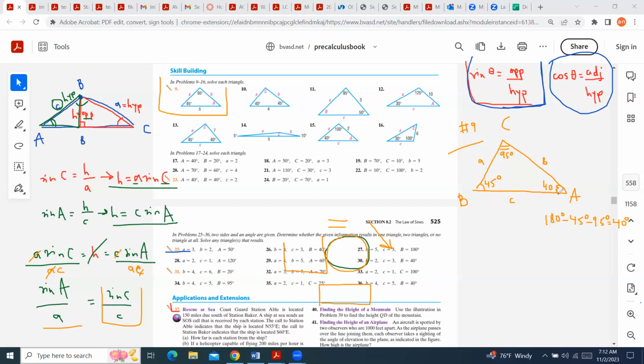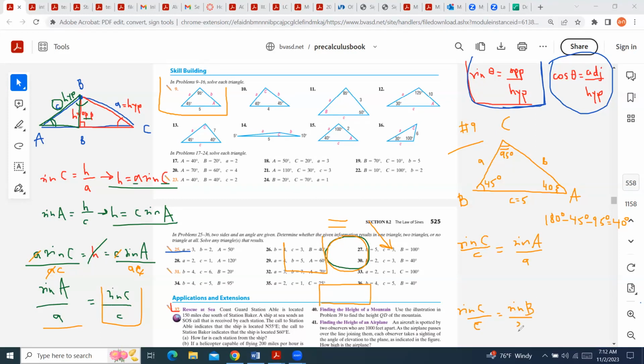What else do they give us here? They give us the lowest side, which happens to be called C, equal to 5. And based on that, I can find the other sides based on what? Well, sine C over C is going to be equal to sine A over A. And simultaneously, sine C over C is equal to sine B over B. See, it's the same angle and the same side.